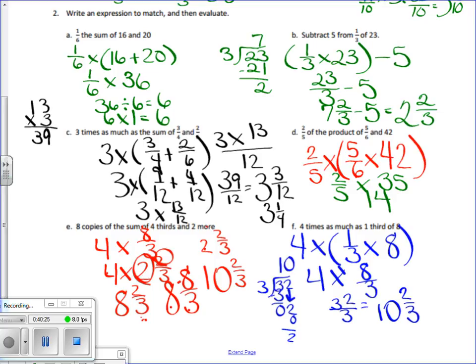You wouldn't add that numerator 4 times and still have 2. When you add fractions, don't you add your numerators? Yeah. So I would have had an 8 here and not a 2. That's why you multiply your whole number and you multiply your numerator.